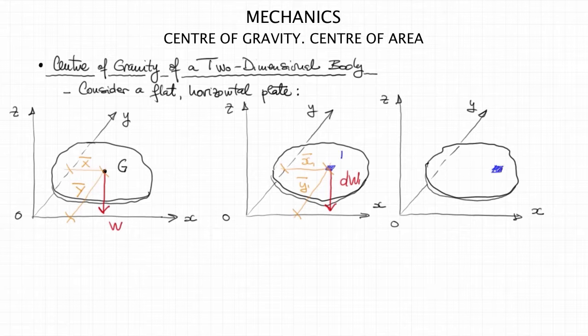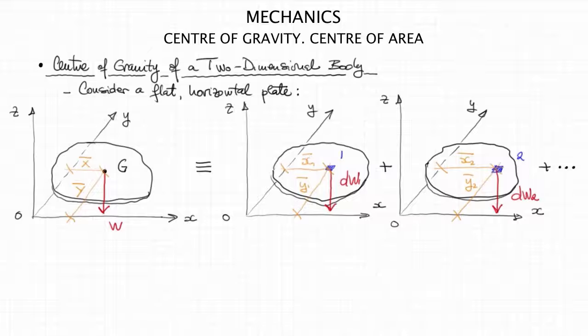And then, for example, this would be the next element, element number 2, having a weight equal to dw2 and being located at coordinates small x2 bar and small y2 bar. Now, the original system must be equivalent to the first system plus the second system plus many other systems until the whole plate is covered.